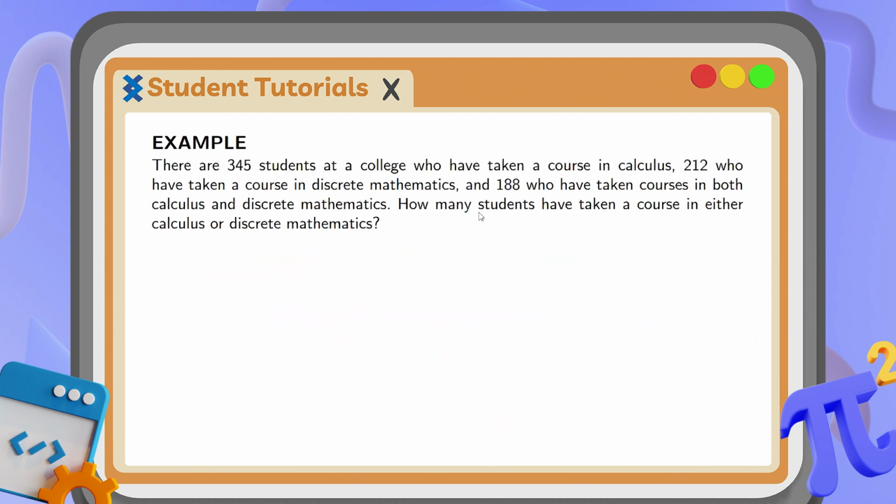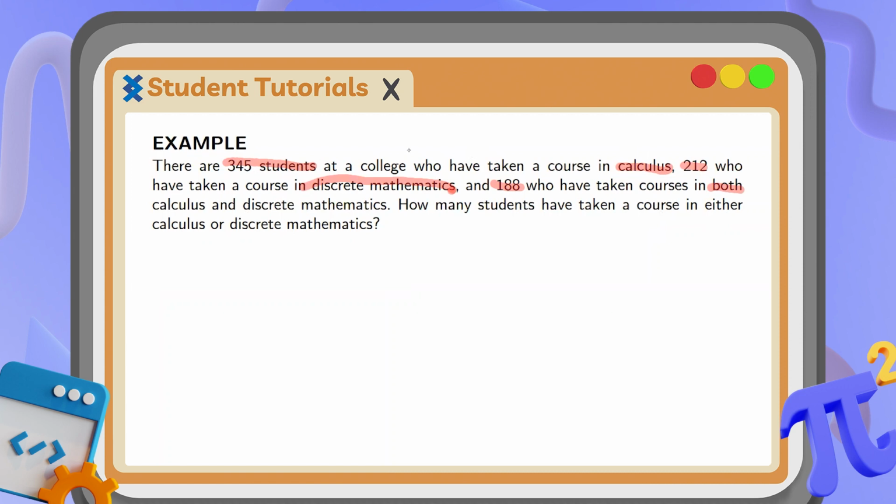So let's simplify that further with an example. There are 345 students at a college who have taken a course in calculus, 212 who have taken a course in discrete mathematics, and 188 who have taken courses in both calculus and discrete mathematics. How many students have taken a course in either calculus or discrete mathematics?